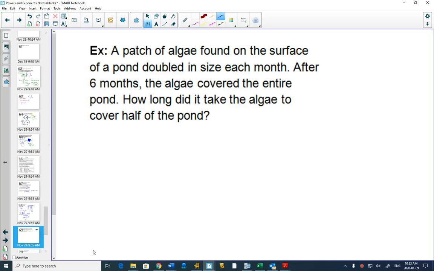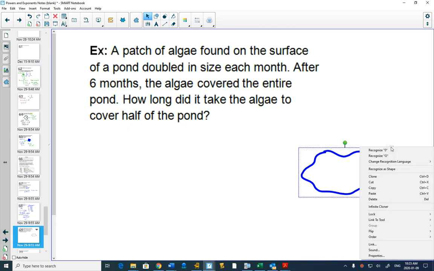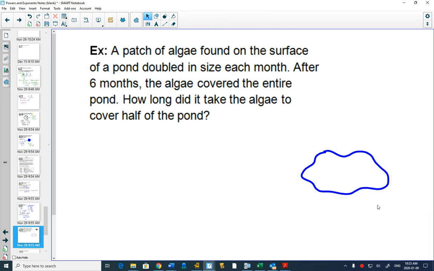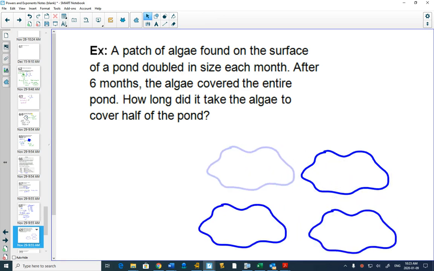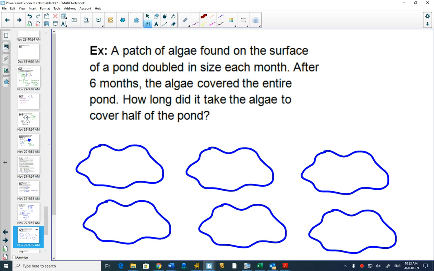Okay, this is a good way. There is my pond. Here is month 6, month 5, month 4, month 3, month 2, month 1.